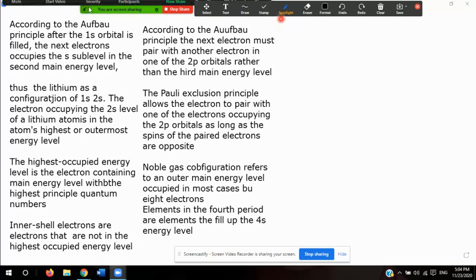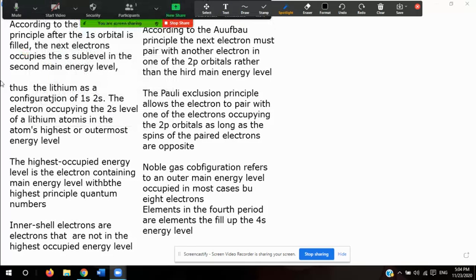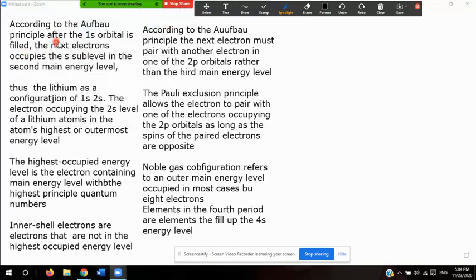So let's go ahead. It says, according to the Aufbau Principle, after the 1s orbital is filled, the next electron occupies the s sublevel in the second main energy level. So let me explain what that means.